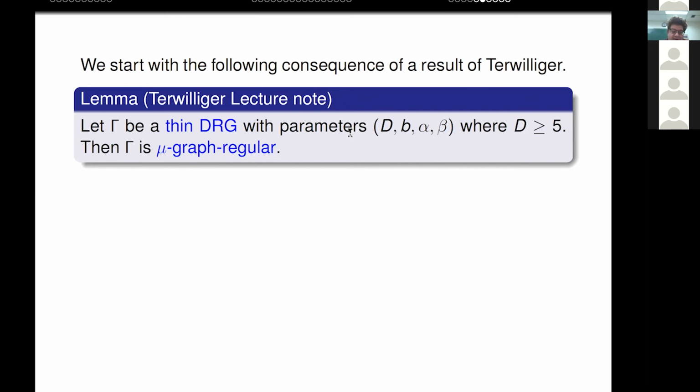It is in the last lecture, lecture 40. So let gamma be a thin distance regular graph with classical parameters d, b, alpha, beta, where d is at least 5. Then gamma is mu graph regular.